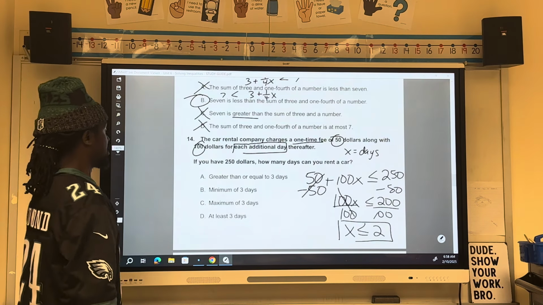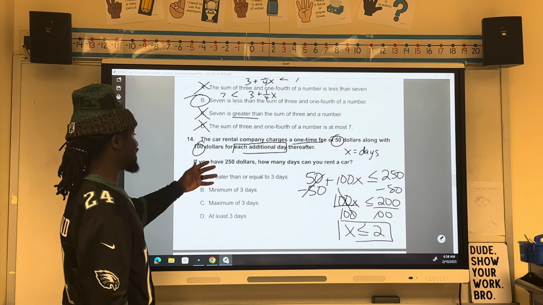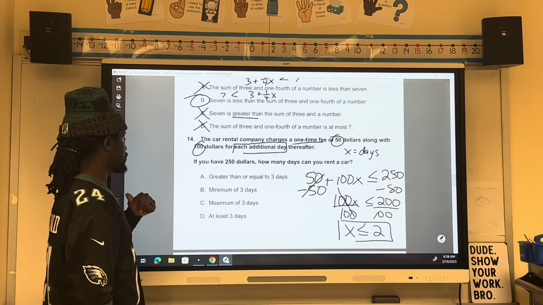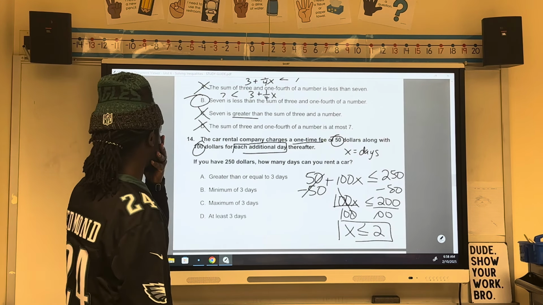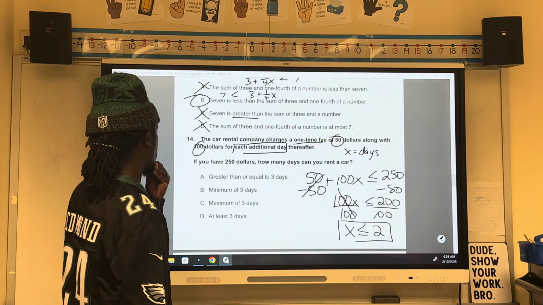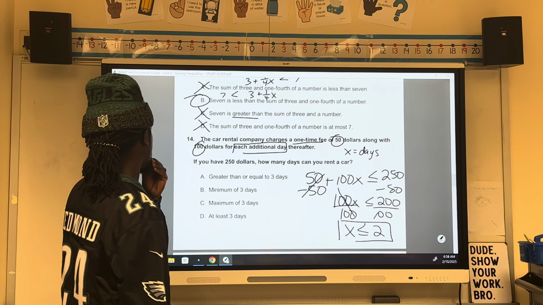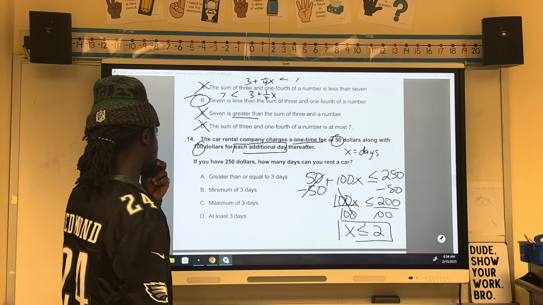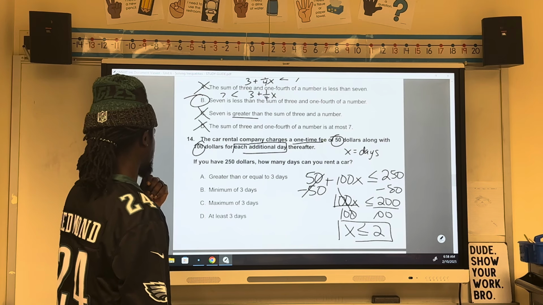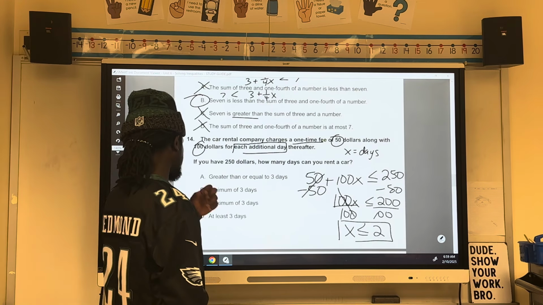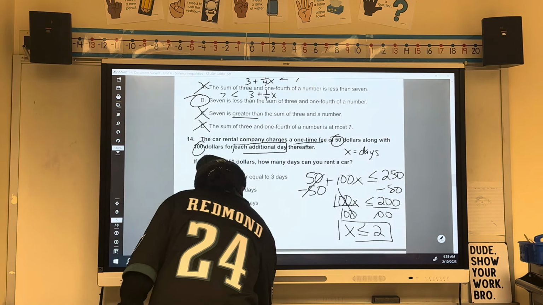So, how many days can you rent? The choices are a minimum of 3 days, a maximum of 3 days, and at least 3 days, and none of these answers are true.